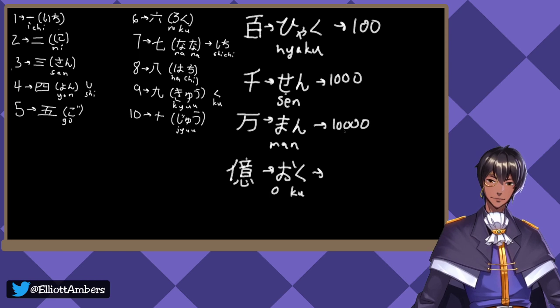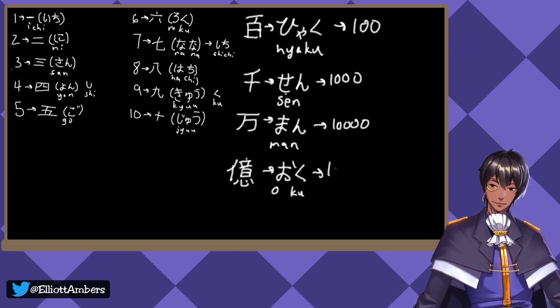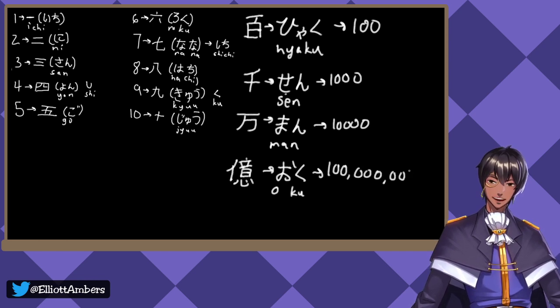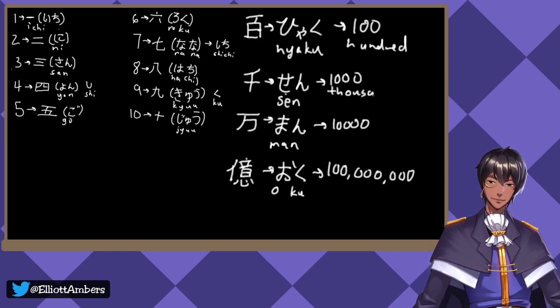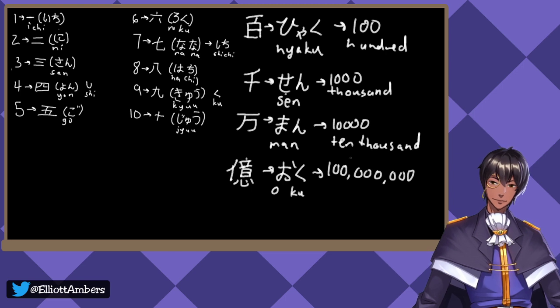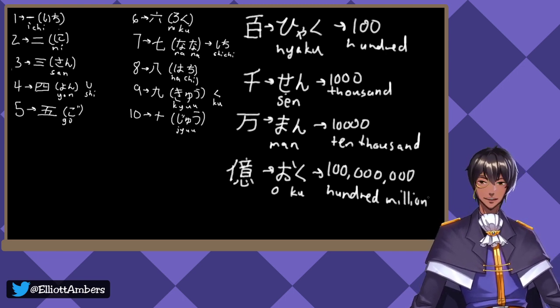Which we go from 10,000 to 100,000,000. We go from 100 to 1,000 to 10,000 to 100 million. It's a very big gap.